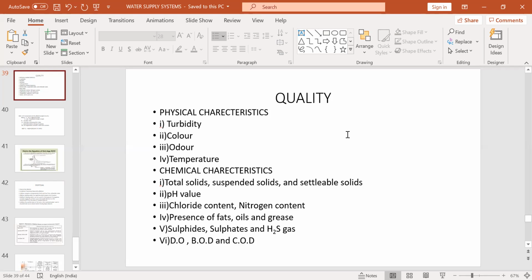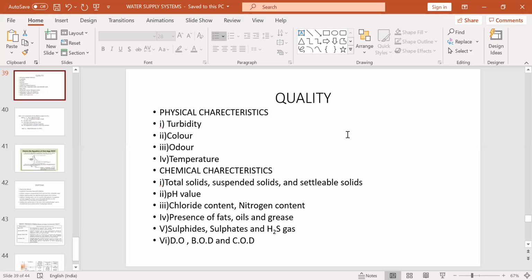Next is the color. The color of sewage can normally be detected by the naked eye, and it indicates the freshness of the sewage. If the color is yellowish, gray, or light brown, then it indicates that it's fresh sewage.